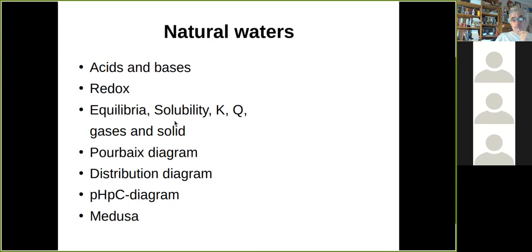But apart from acid bases, we also have redox. This is what we should discuss slightly more. Redox equilibria, and when we combine the redox equilibria with acid-base equilibria, there will be a new kind of distribution diagrams. There was a guy called Marcel Pourbaix that published them some 50 years ago or something like that.